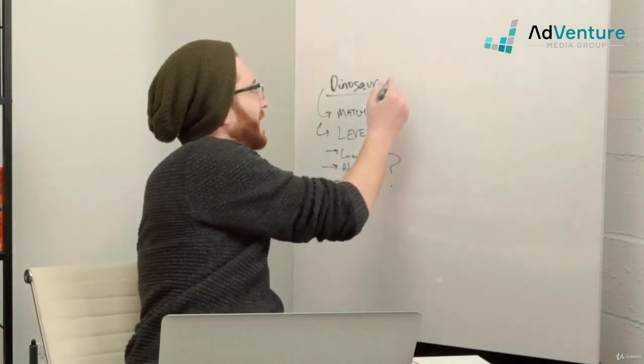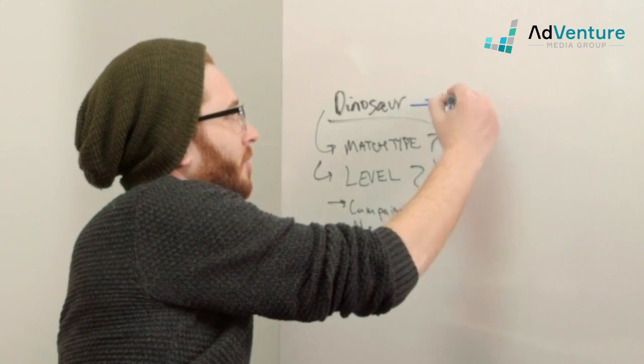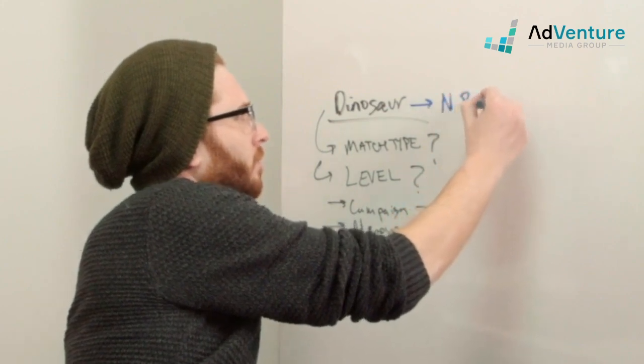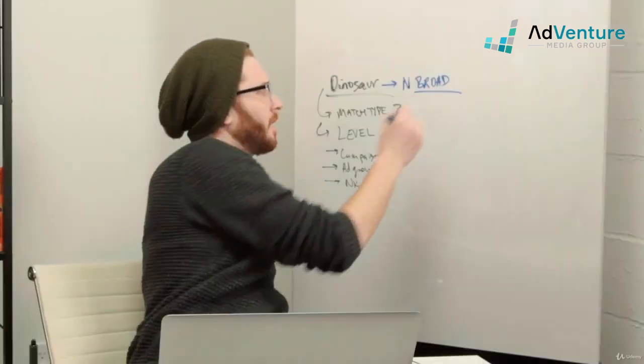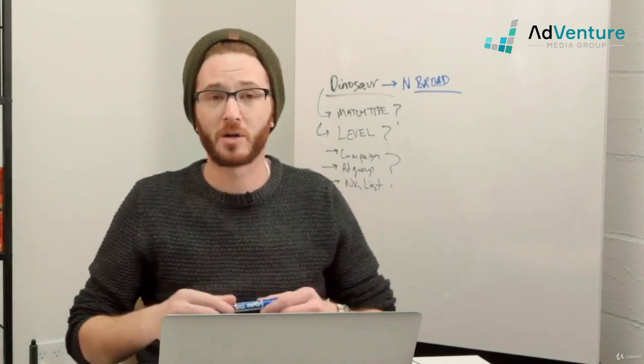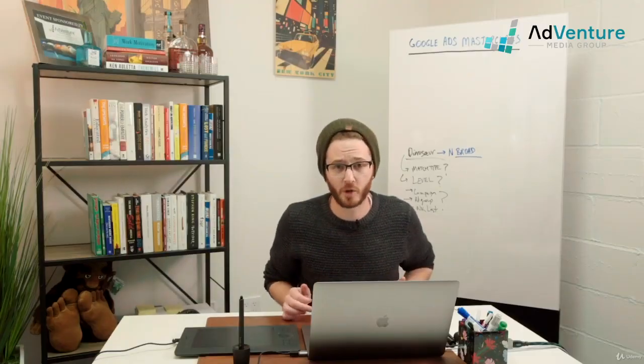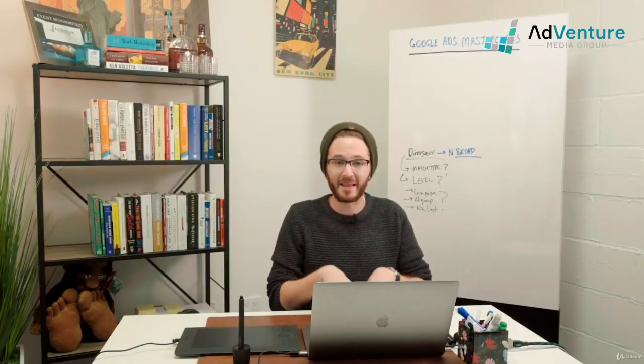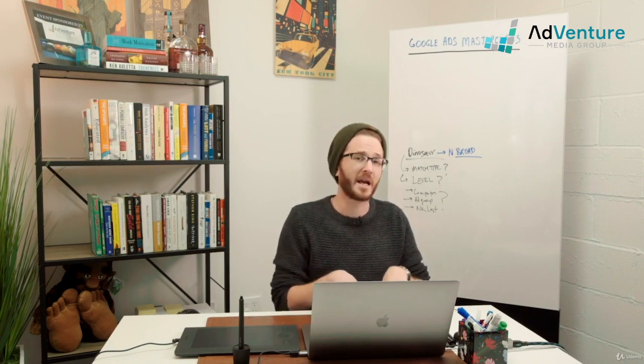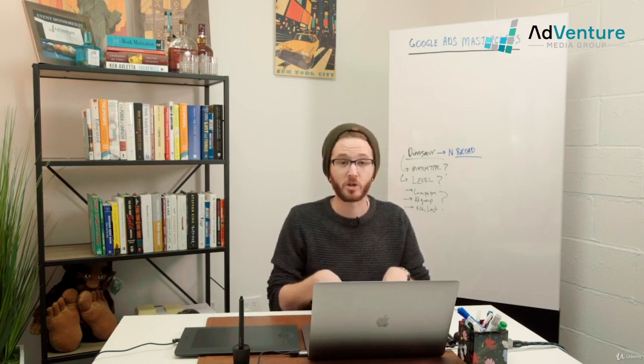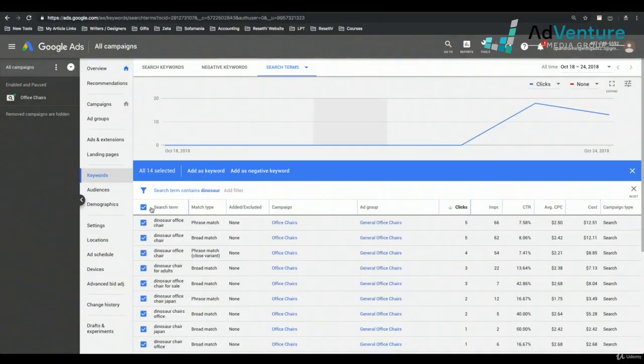If I add dinosaur as a negative broad, if you remember from our previous lecture, that would mean that whenever the word dinosaur showed up at any level of the account that has that negative keyword applied to it, the search term would be ineligible from triggering any of our keywords. So I don't necessarily need to add all of these 14 search terms as negative keywords.